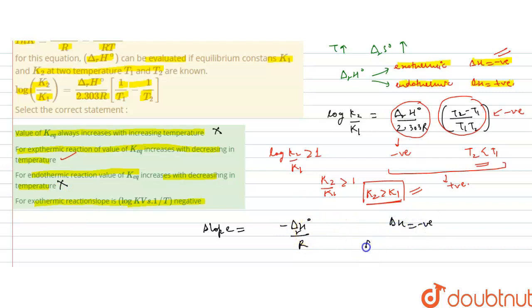So if ΔH is negative, this negative and ΔrH negative, it will become positive. It means this slope will be positive, but it is given negative, so this is an incorrect statement.